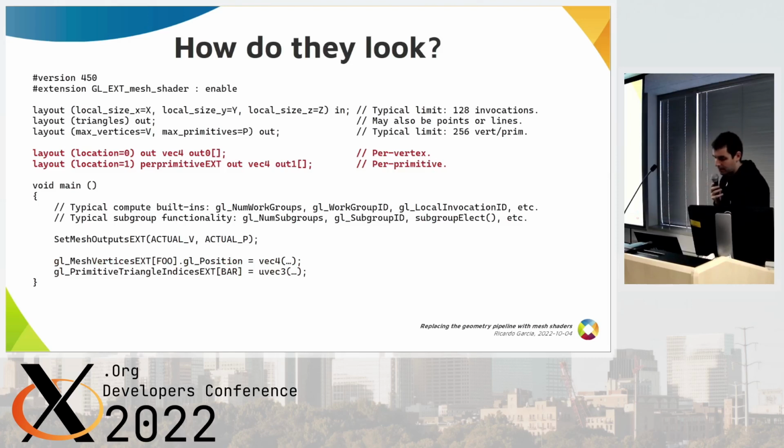There are a few more details we can add, obviously, to the shader. For example, mesh shaders can also generate custom output attributes that will be interpolated and used as input to the fragment shader, just like vertex shaders can. The difference is that in mesh shaders, they form arrays. So if we say nothing, like in the first output here, they are considered per vertex, and they have the same index range as the mesh vertices array.